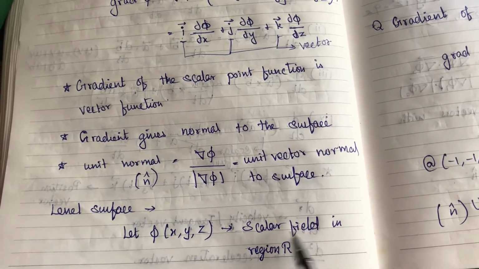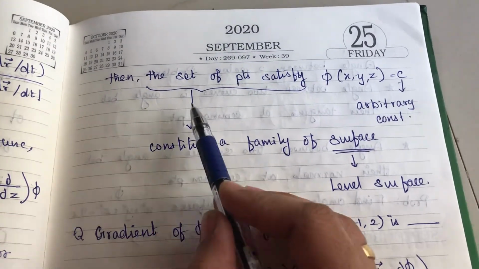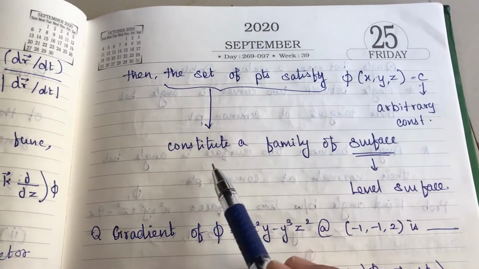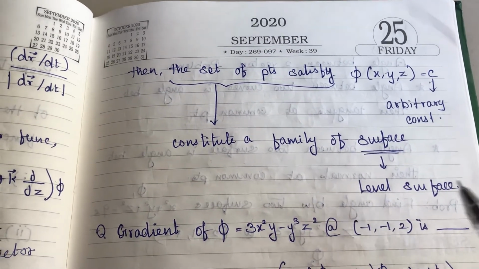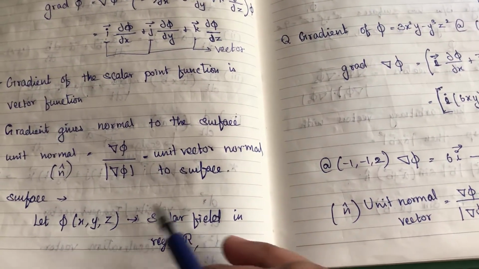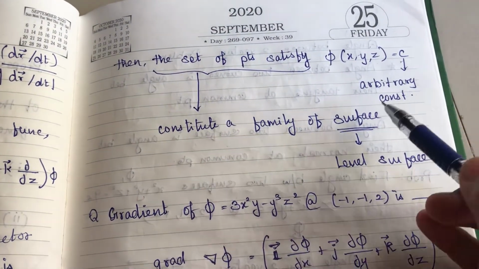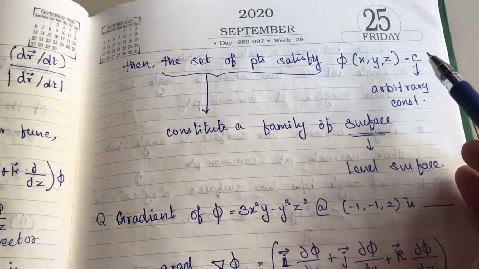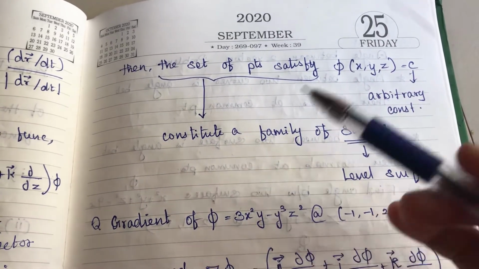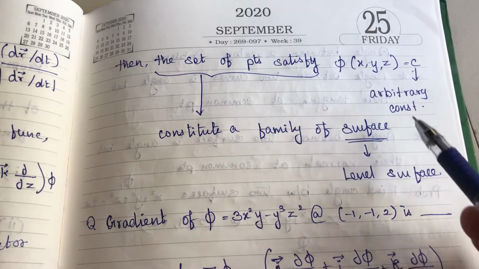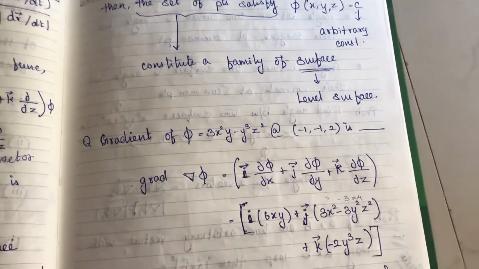If this function is a scalar field in region R, then the set of points which satisfy the condition that the function is equal to a constant C constitutes a surface. So if these points satisfy this condition, then they form a surface called a level surface.